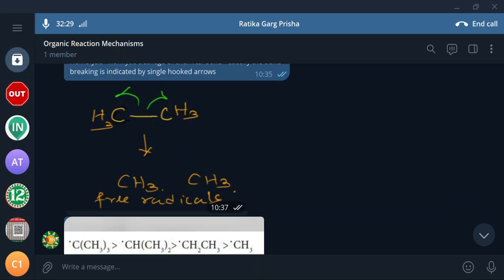Now, see, all these replacements of hydrogen by chlorine have been taking place by the free radical substitution mechanism.